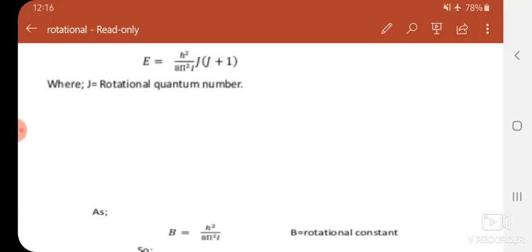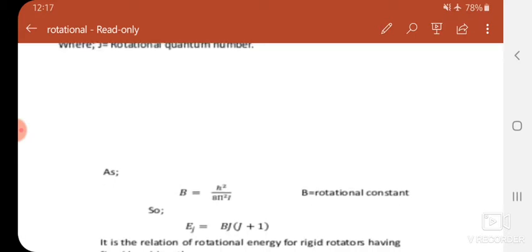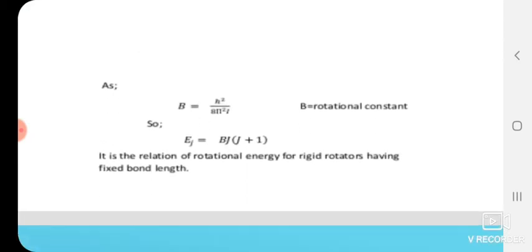If we substitute B is equal to h square by 8 pi square I, where B is called the rotational constant, then the rotational energy level Ej is equal to B into J into J plus 1. It is the relation of rotational energy for a rigid rotator having a fixed bond length.